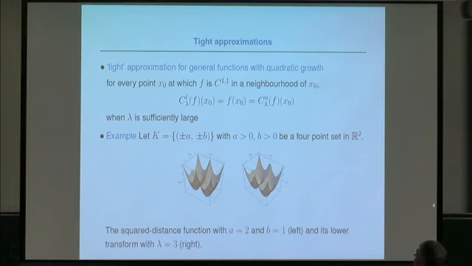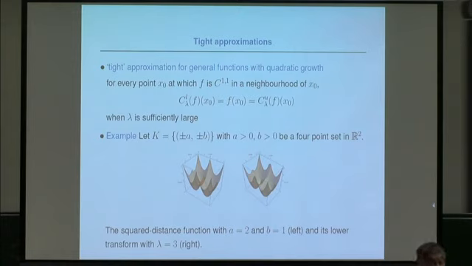So this is the square distance function of a four-point set. We can somehow explicitly calculate the lower transform. You can see this is the part where the lower transform changes the value of the original function. Outside, it agrees with the original.